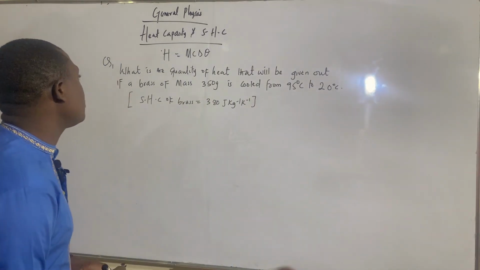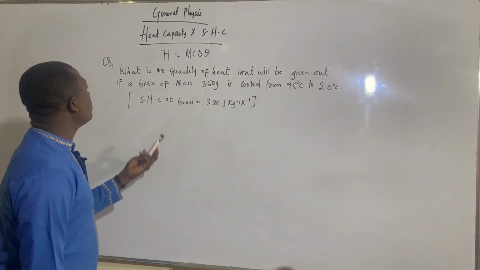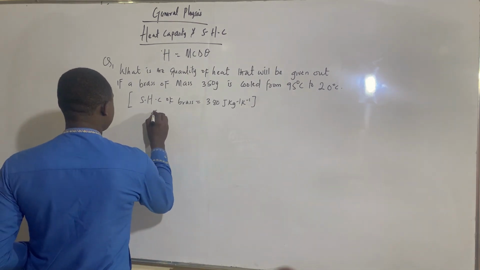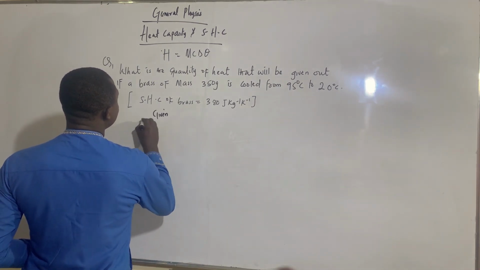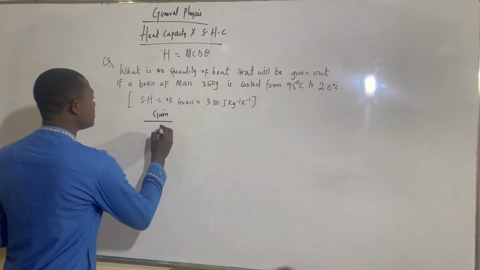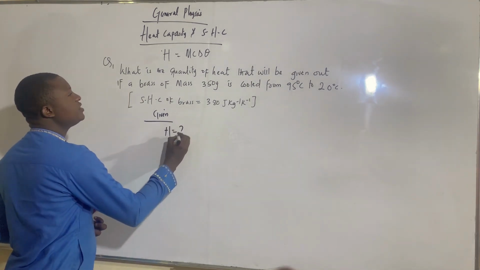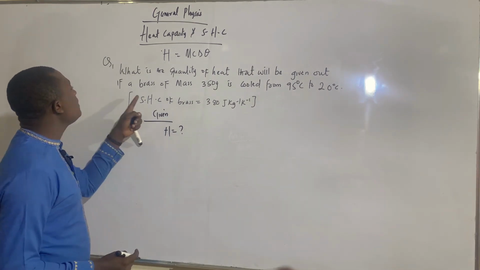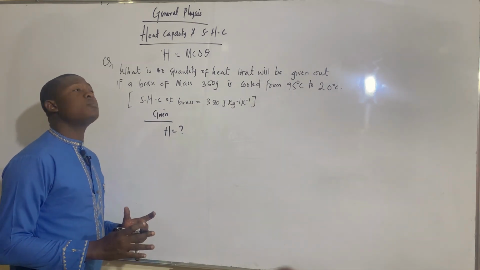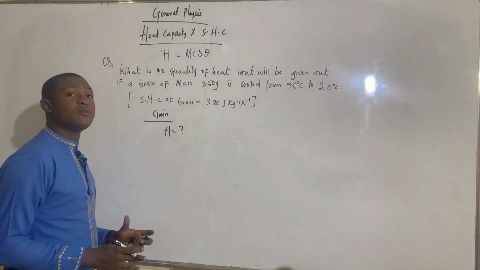So let's see how we are going to tackle that. They said, what is the quantity of heat? So we are asked to find the heat that will be given out if a brass of mass 350 gram. You know, I told you in physics what matters most is you firstly write out the given data.